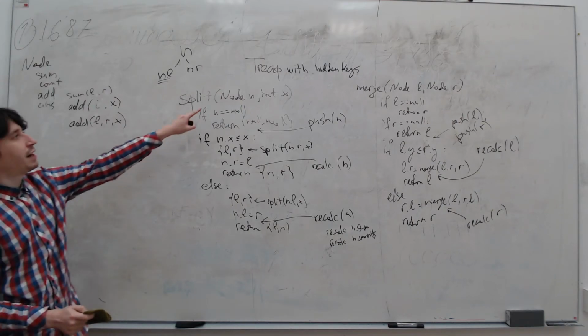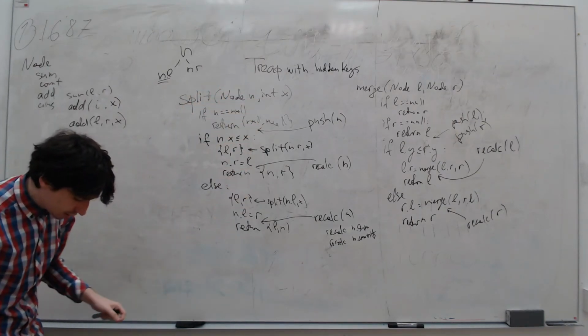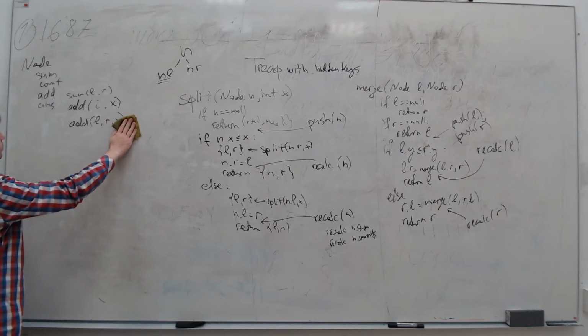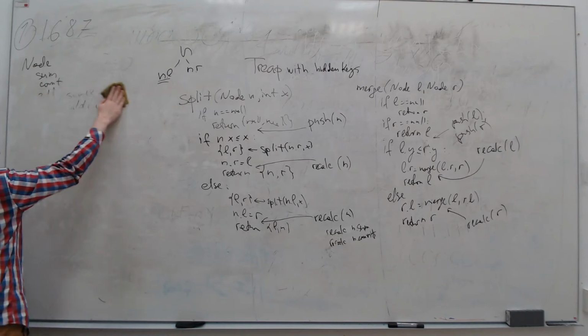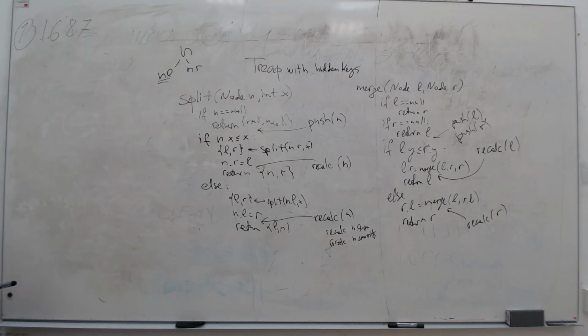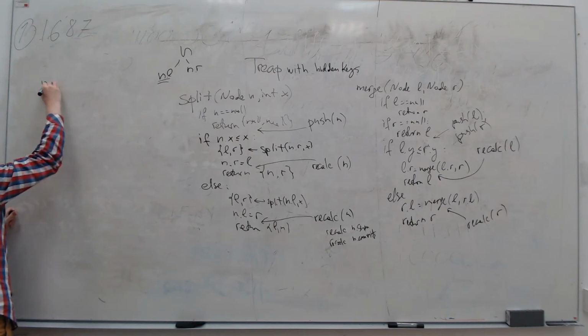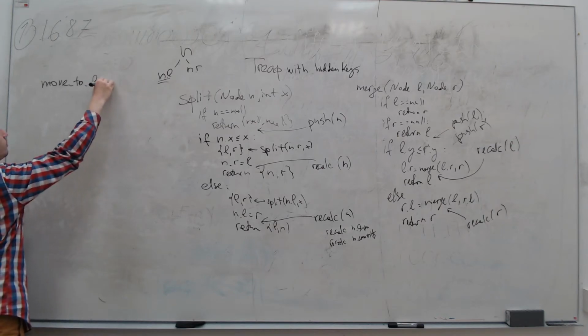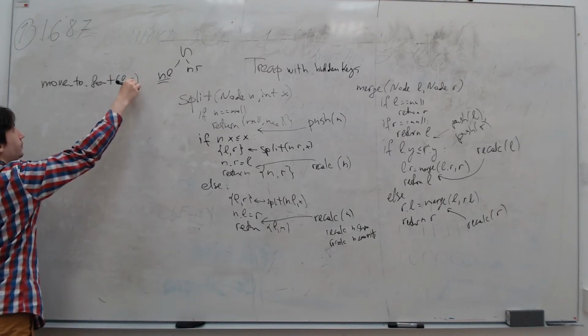So right now, finally, we go to the Treap with hidden keys. And we want an additional operation: move to front, L R.